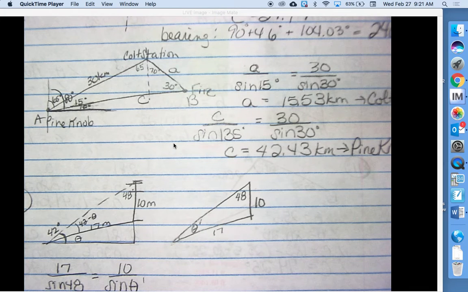So today we're going to draw some triangles in your packet. I think it's page 7. So if you find page 7 in the packet, there's a worksheet with 6 different sets of values, 2 sides and an angle, that we are going to use to help create a triangle.